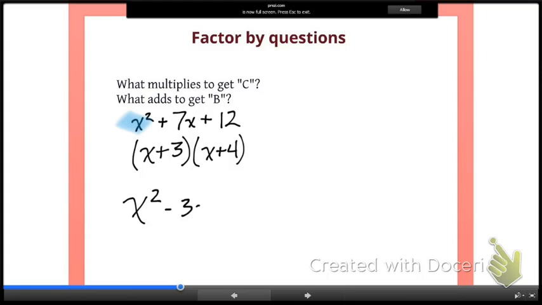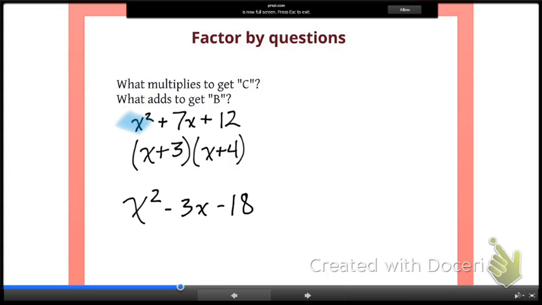Another example would be x squared minus 3x minus 18. You would ask yourself, what multiplies to get negative 18 and adds to get negative 3? So we could think of 9 times 2, but that doesn't add to get negative 3. 18 times 1 doesn't add to get negative 3.